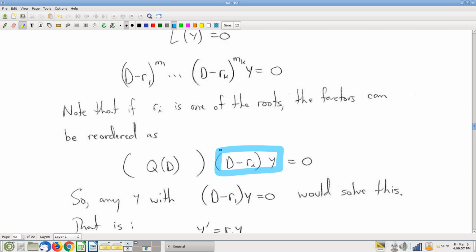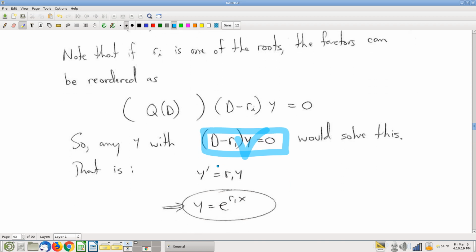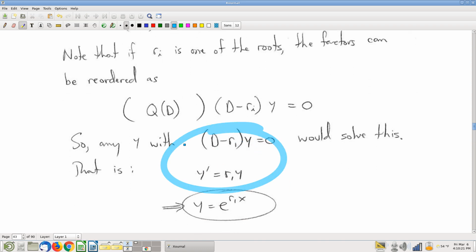So it would stand to reason that instead of trying to find solutions out of nowhere, I should try to solve this first-order differential equation. And whatever I get from that first-order differential equation, if it satisfies that, then it should make this thing 0, which means it should satisfy my great, big, huge nth-order differential equation. And how do we solve this differential equation? Well, just rewrite it. It's a natural growth equation. We already know how to solve that. It's an exponential. So that falls right in your lap.